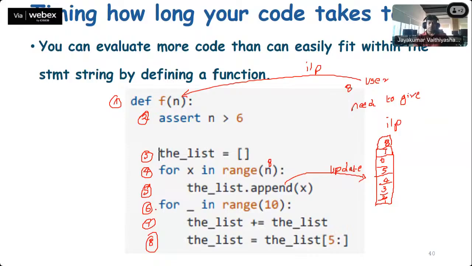Okay. So on line number 6, again it will do a range 1 to 10. Okay. So this input n is dynamic.